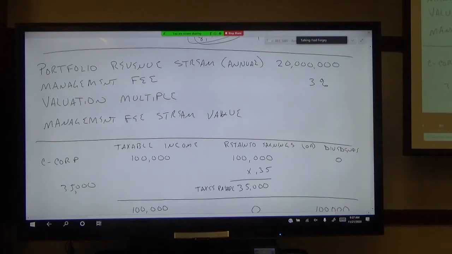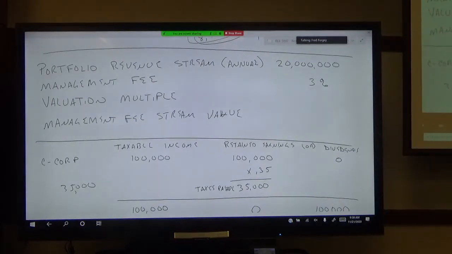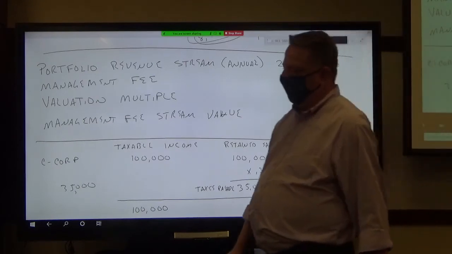Then we have something that we refer to as the valuation multiple, which is basically just the inverse of ERV, okay? And we're going to talk about that in a second.